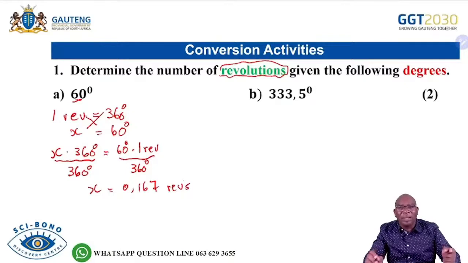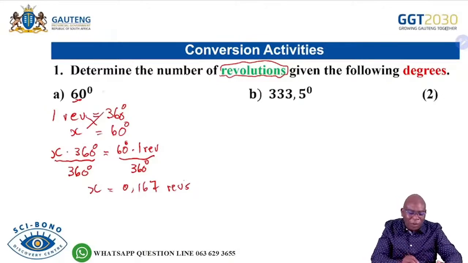That's revs, so that is revolutions. So what is it that we needed to do there? We did not need to do all this working out. The easy way of doing that will be to say 60 degrees divided by 360 degrees. And that's all that we needed to do. And the answer there will give us 0.167 revs.